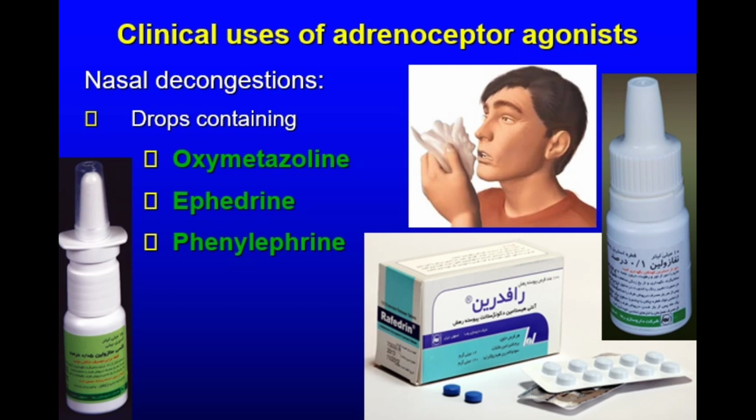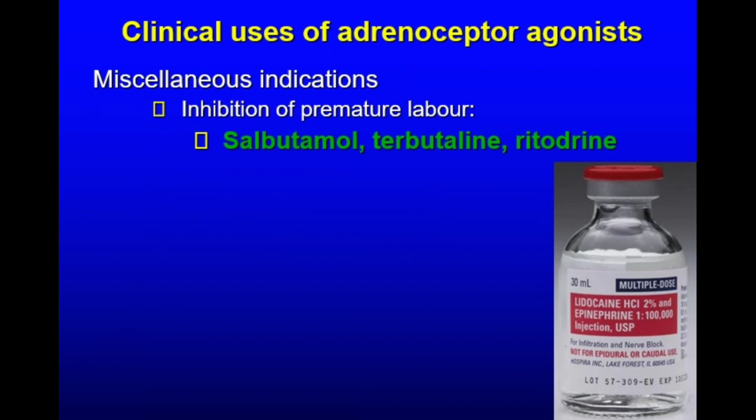Long-term treatment should be avoided. Selective beta-2 adrenoreceptor agonists like salbutamol, terbutaline, or ritodrine can be used for inhibition of premature labor.